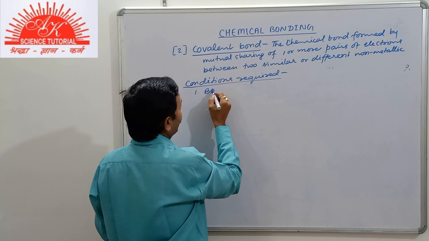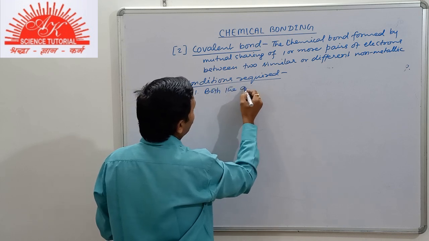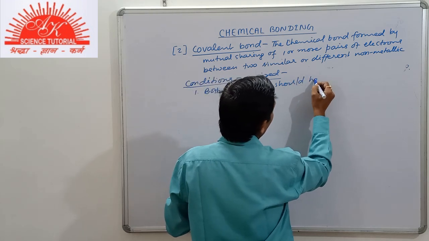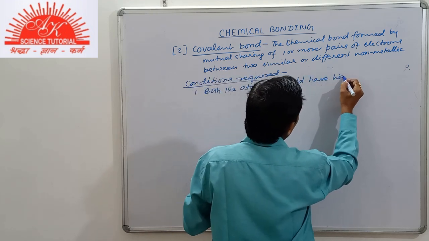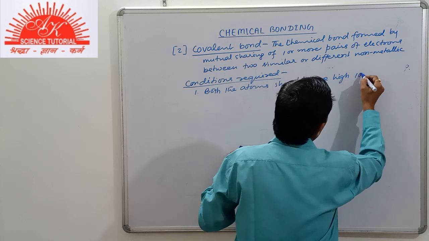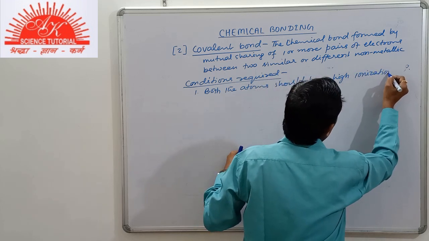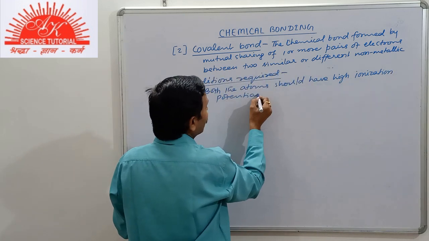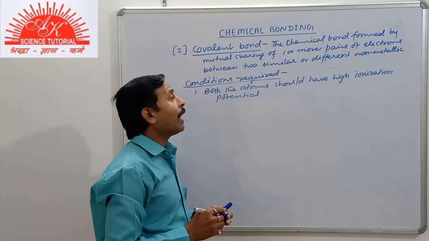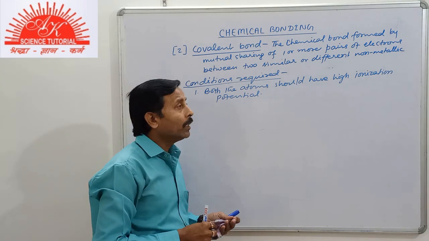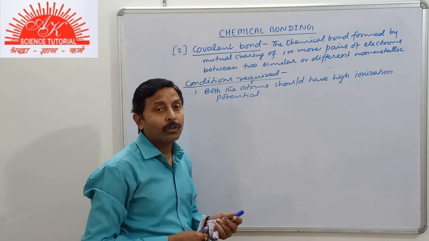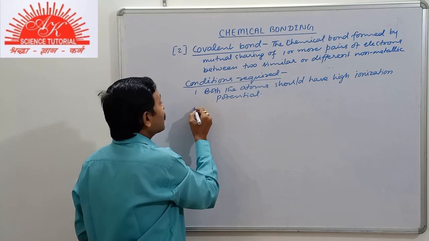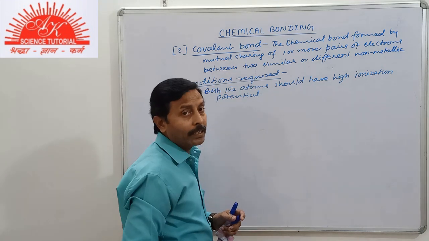Now you can write here, both the atoms should have high ionization potential. That is, they will require a large amount of energy to remove an electron, which will be difficult. So it is easier to gain or share electrons. It means they will not be able to lose electrons easily.